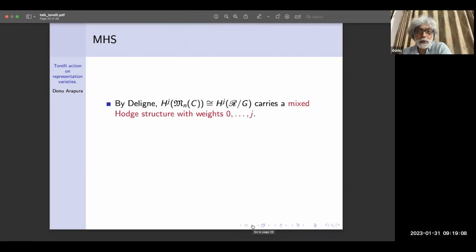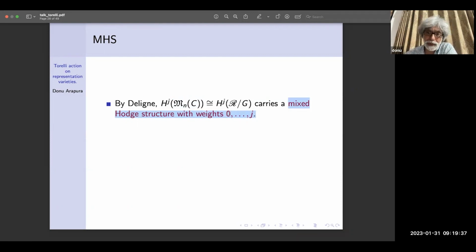All right, so let's get into some Hodge theory, since I think that's one of the themes of the conference. Of course, by Deligne, we have a mixed Hodge structure on the left. And since these are homeomorphic spaces, their cohomology is the same. Because the space on the left is singular, in most cases it's really a mixed Hodge structure.